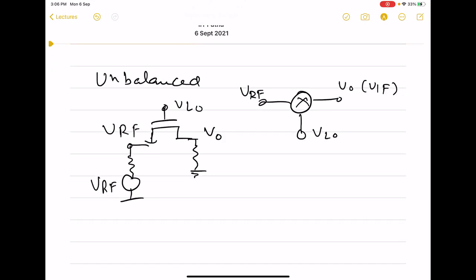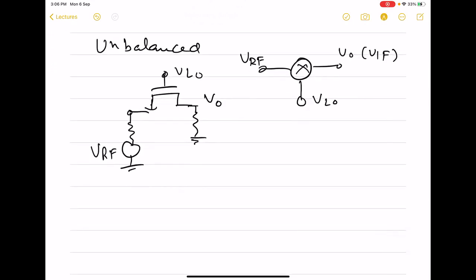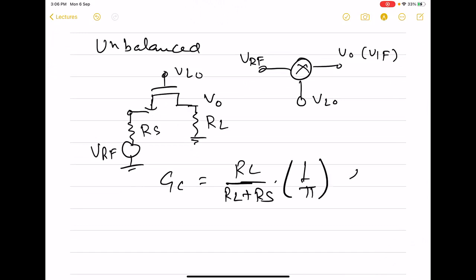So here VRF is this one. So conversion gain was GC is equal to RL divided by RL plus RS into 1 by pi. And this is less than 1, that is why this is passive.